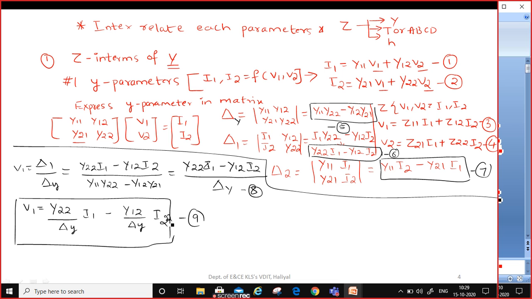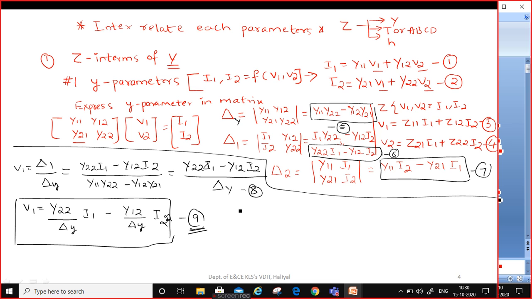We have expressed V1 in terms of I1 and I2. Which equation should you compare equation 9 with?